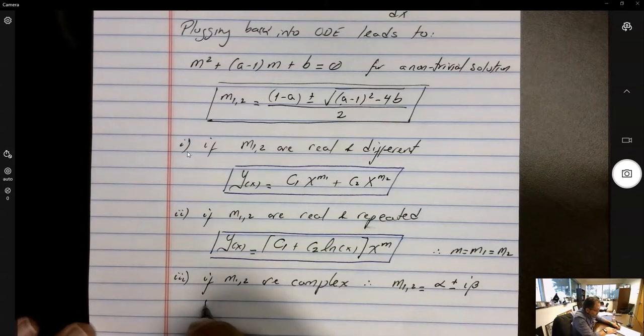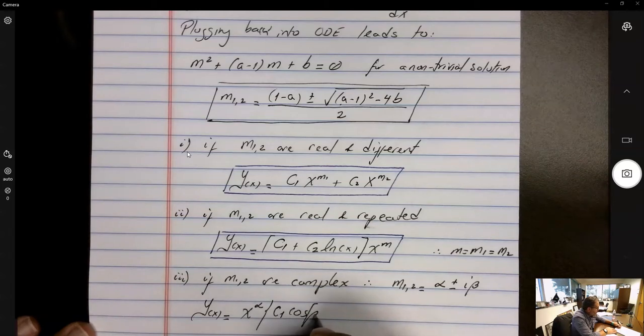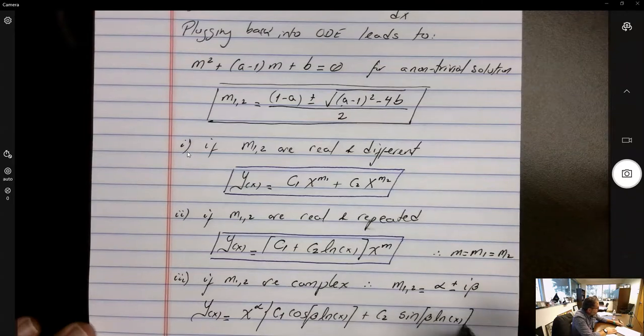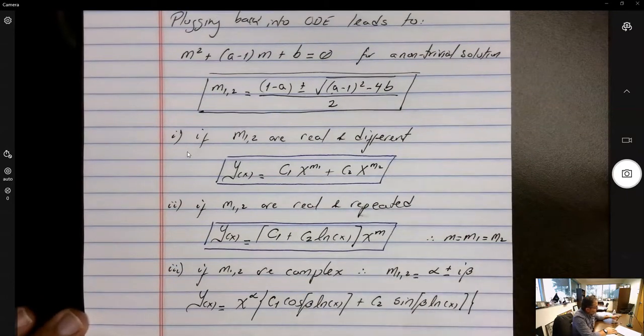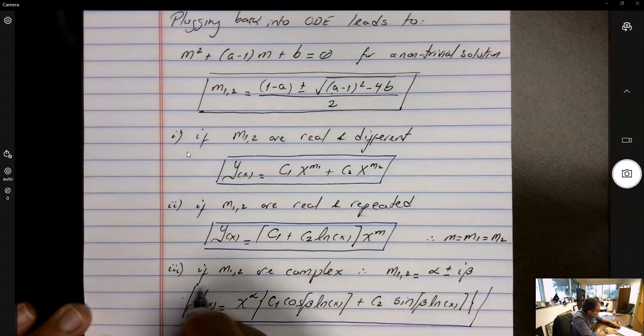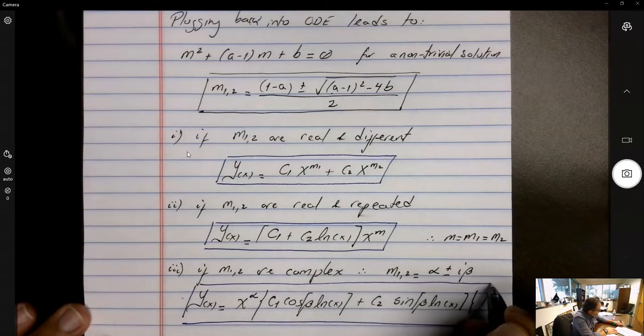So the solution in this case will be x to the alpha times c1 times the cosine of beta times the log of x plus c2 times the sine of beta times the log of x. Notice that the argument of these trigonometric functions is a logarithm. So this is the third option for the solution of the Cauchy or the Euler-Cauchy equation.